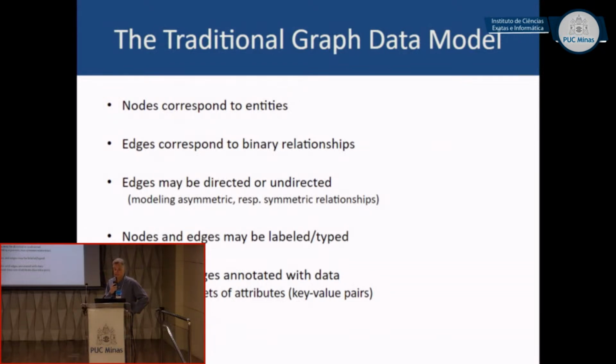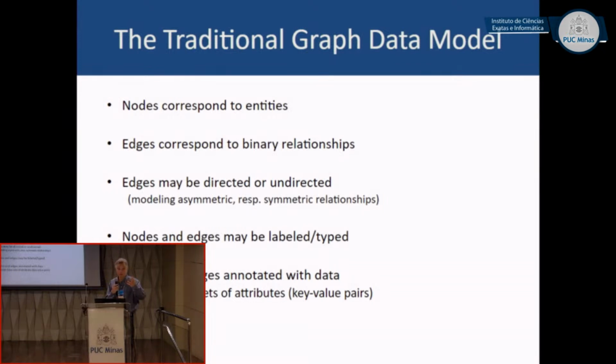When I talk about graph data models, I mean nodes and edges which carry their own additional data. So the nodes will model the entities of the discourse. The edges will model binary relationships between them. Edges may be directed or undirected to model asymmetric, respectively symmetric relationships.